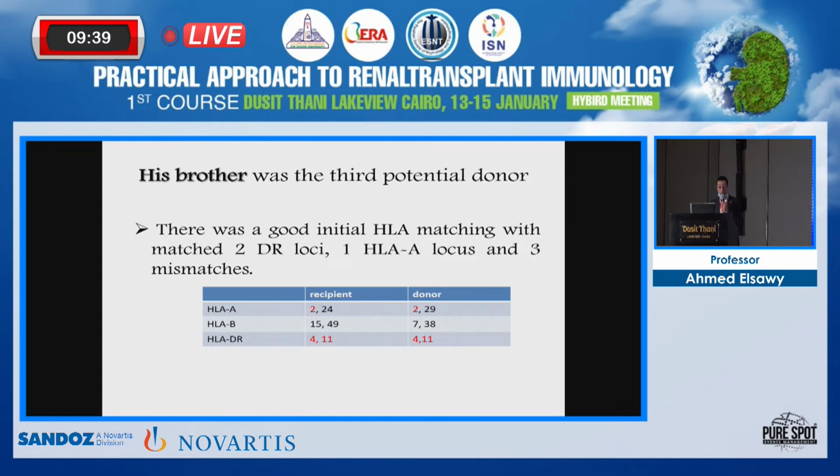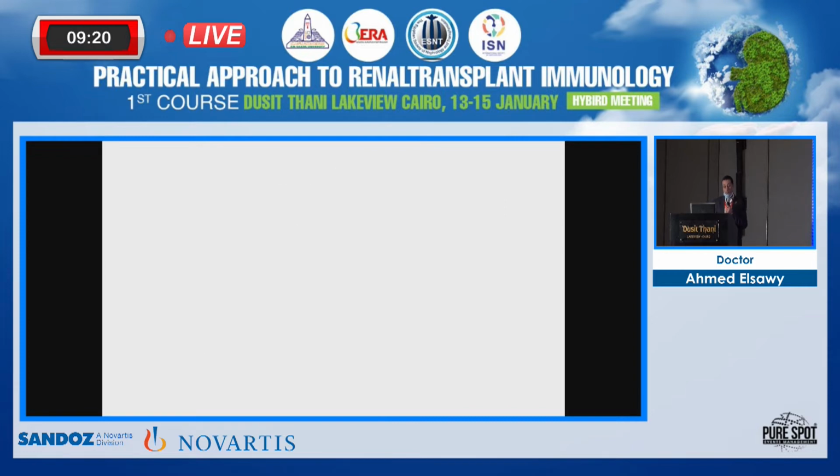So his brother was the third potential donor. There were 3 mismatches, 2 matches in HLA-DR and 1 match in HLA-A. But again, there was also DSA against CW12.